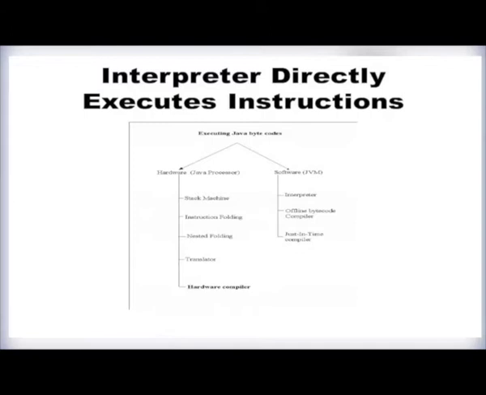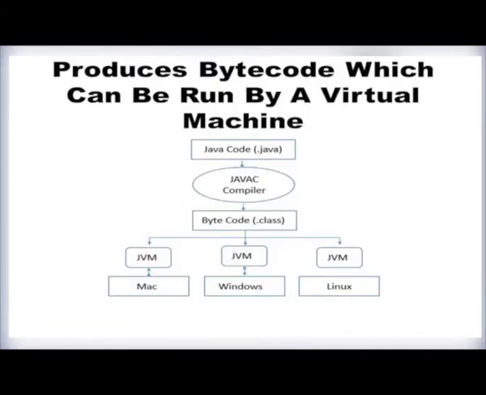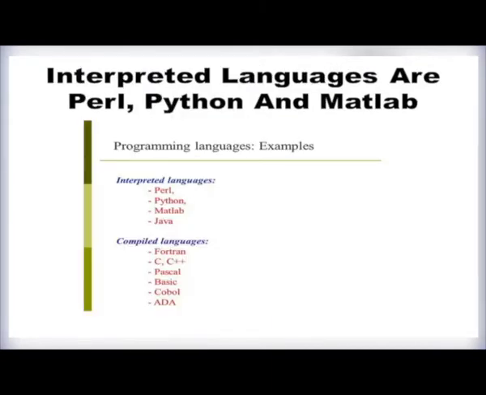An interpreter directly executes instructions written in a programming or scripting language without converting them to an object code. But this process produces bytecode which can be run by a virtual machine. Examples of interpreted languages are Perl, Python and MATLAB.